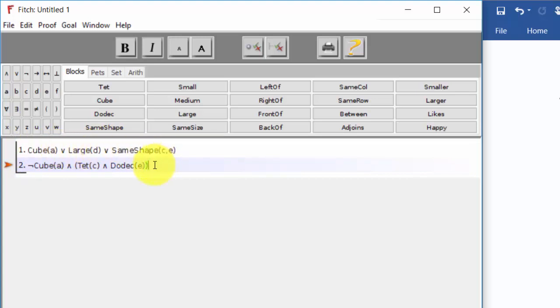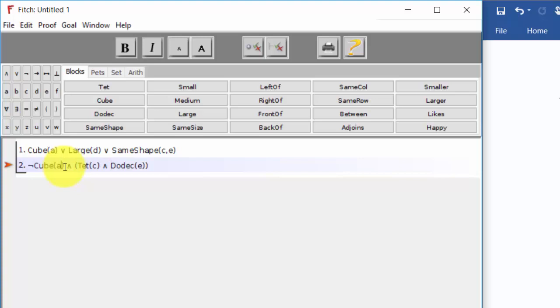And then 2, since it's a conjunction, and a conjunction is true if and only if all of its conjuncts are true, I know that it's not the case that A is a cube is true, and I know that both C is a tetrahedron and E is a dodecahedron is true. And since this conjunct itself is a conjunction, I know that C is a tetrahedron must be true individually, and I know that E is a dodecahedron must be true individually.